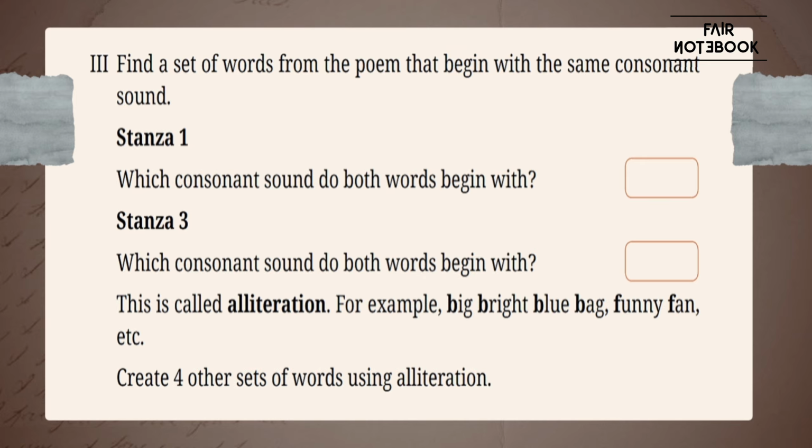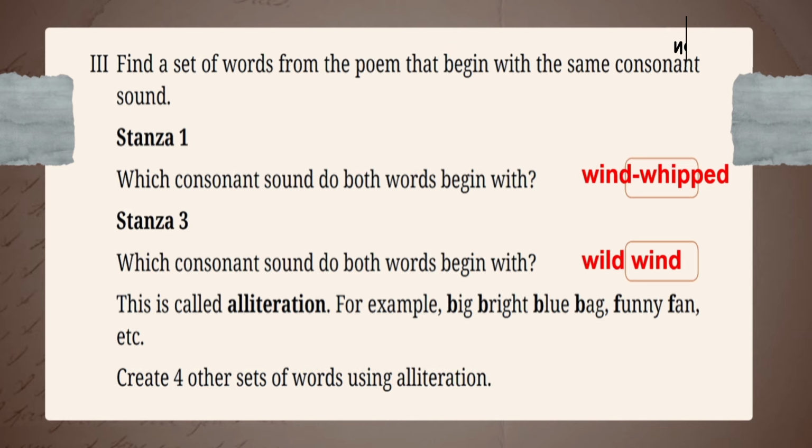Find a set of words from the poem that begin with the same consonant sound. Stanza 1. Which consonant sound do both words begin with? Wind whipped. Stanza 3. Which consonant sound do both words begin with? Wild wind. This is called alliteration.